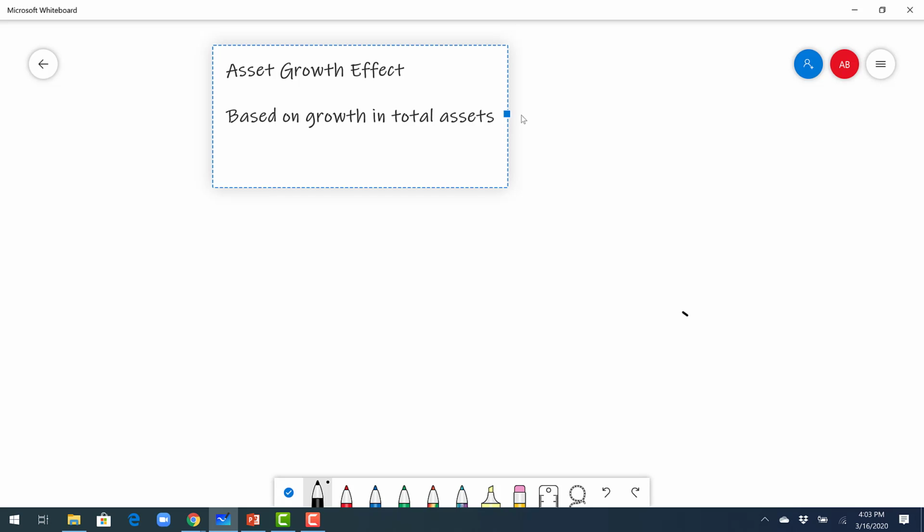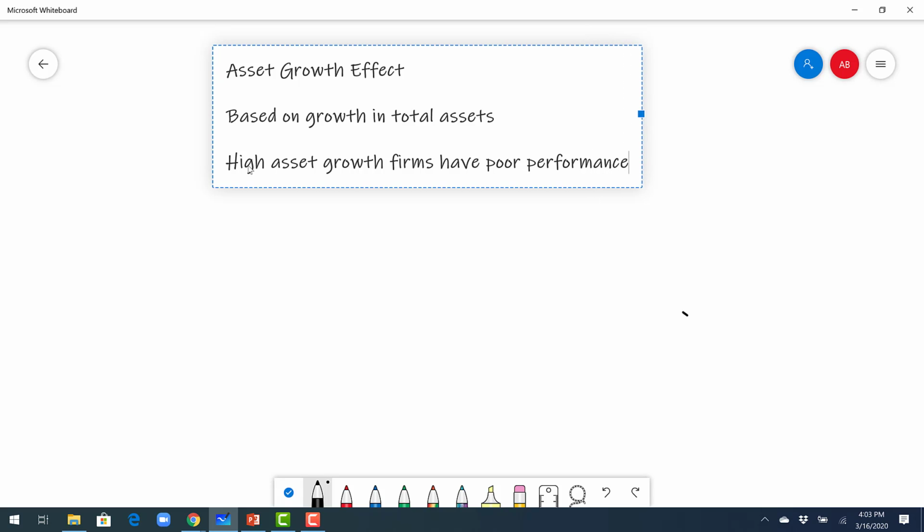So, high asset growth firms have poor performance. What do we mean by this?